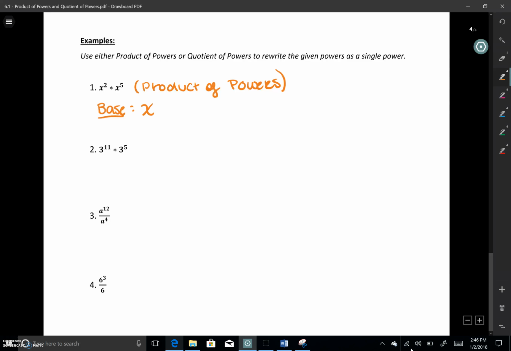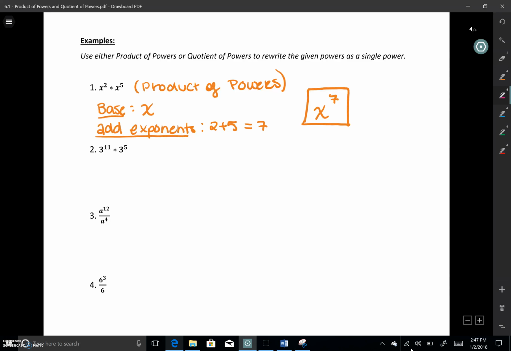So I'm going to add my exponents. I get 2 plus 5, which equals 7. So my final answer is x to the 7. I keep my base and I give it a new exponent.